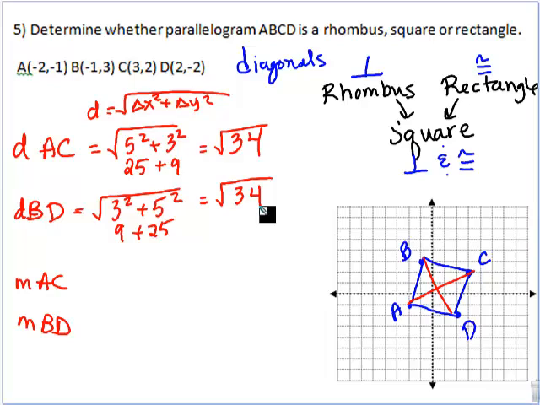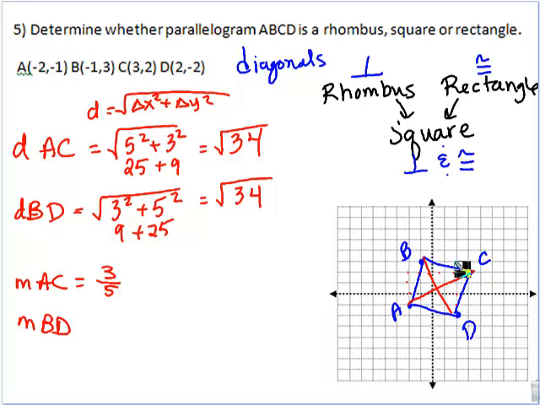So the slope of AC, do you guys want to count, or do you want to do the slope formula? Count? Okay, so the slope from A to C, we have to rise 1, 2, 3, and we go over 1, 2, 3, 4, 5. Okay, from B to D, we have to rise 1, 2, 3, 4, 5.